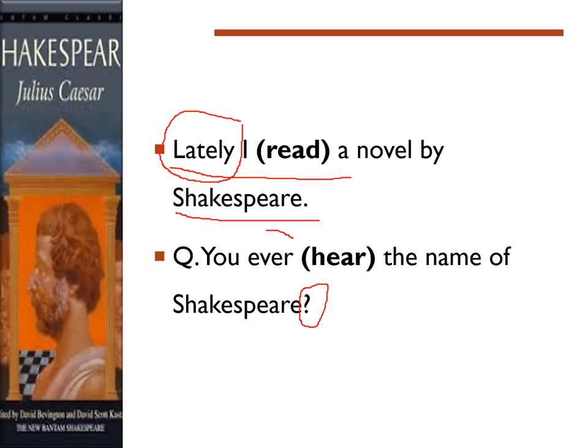There is a word ever, and ever is a signal word of present perfect tense. It indicates that the sentence should be written in present perfect tense. So after you we have to write have, and then the third participle, heard. So: you have ever heard the name of Shakespeare?